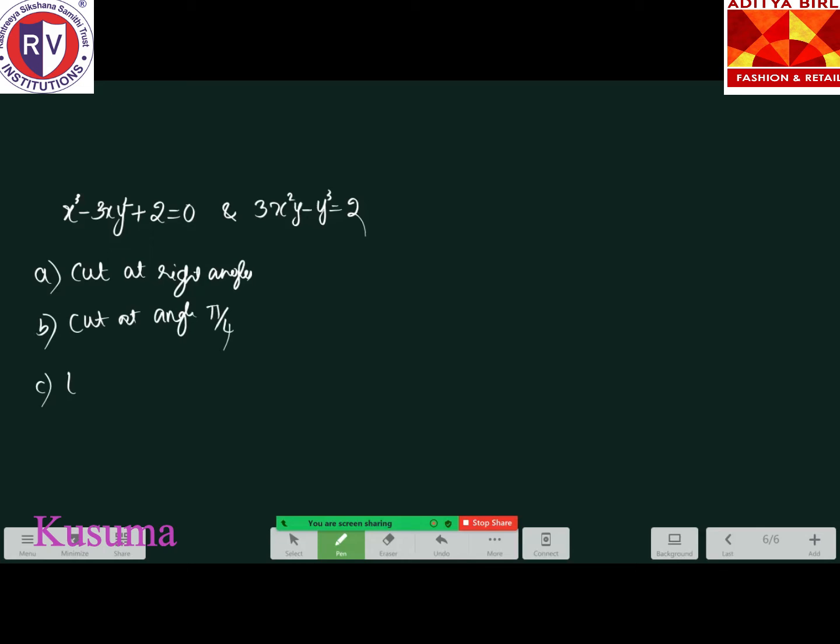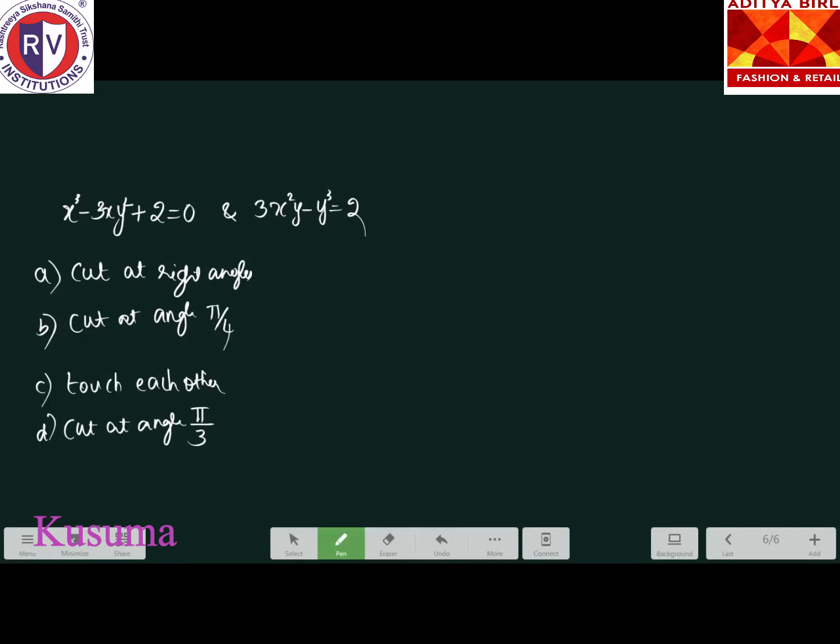Option C is they just touch each other. Option D is they cut at angle pi by 3. We have to say what is the angle between the two curves.